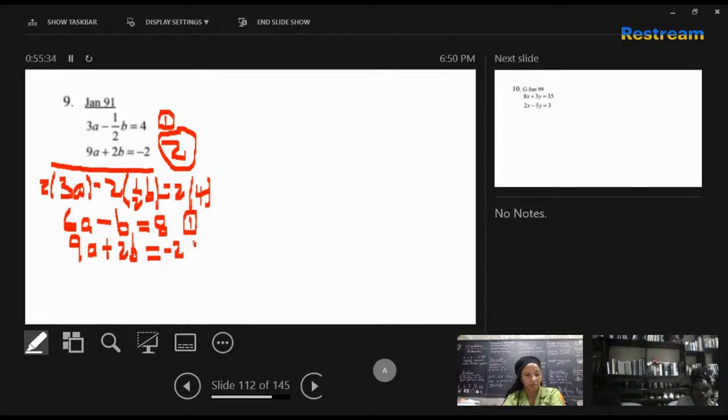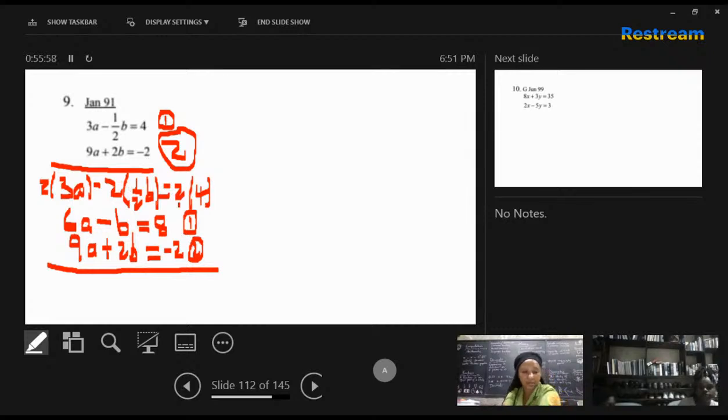Okay, miss. So we can do elimination now or just anyway. You could if you want to. Okay, so I'm going to multiply the bottom by 1 and the top by 2. Well, you could use substitution now if you want to.